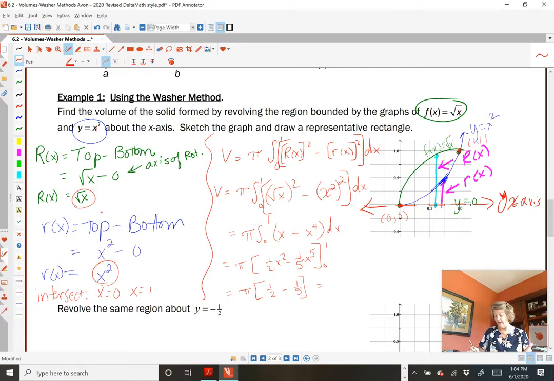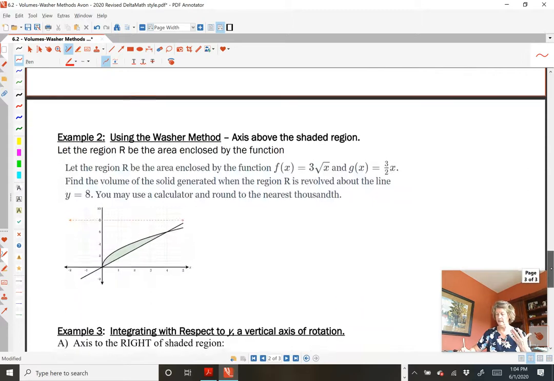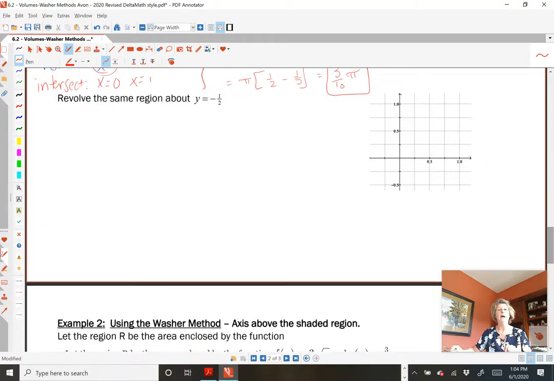And I'll get 5/10 minus 2/10, so I get 3/10 times pi. And there's your answer. So really very similar to disk method, just we have an extra step because we had to remove the inner part of our 3D figure.